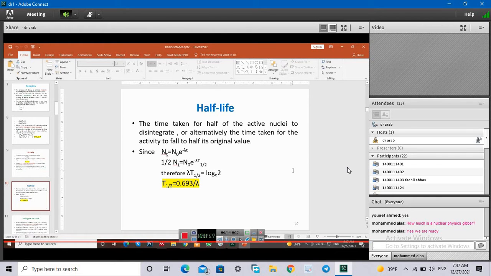As the name implies, the half-life time is the time taken for the activity or number of radionuclei to fall to half of its original value.